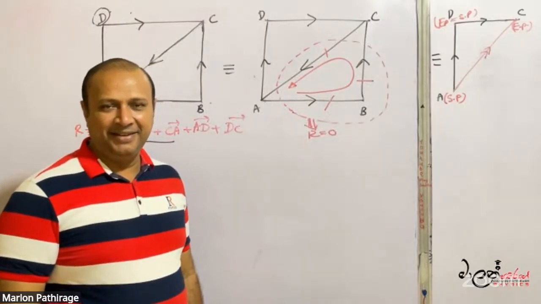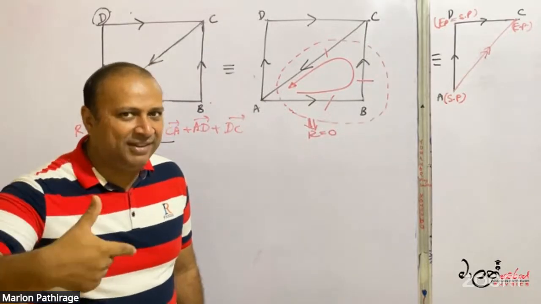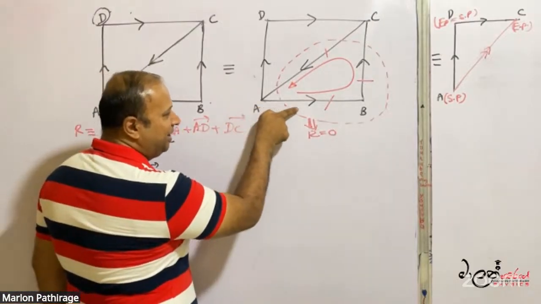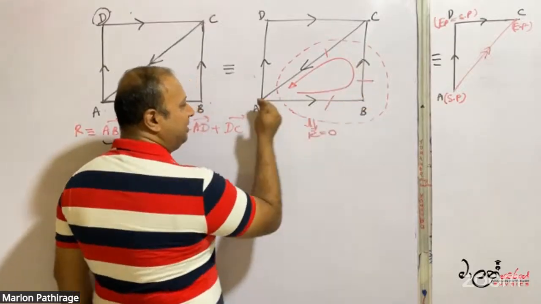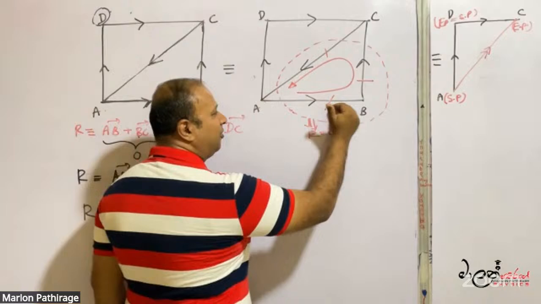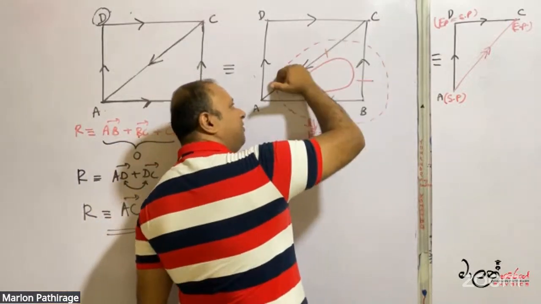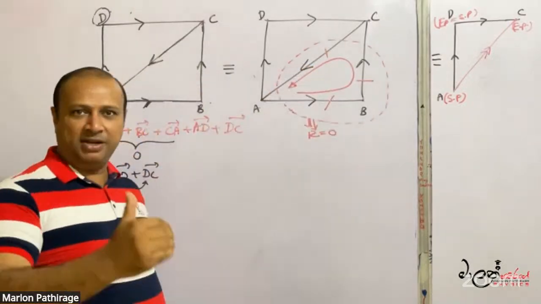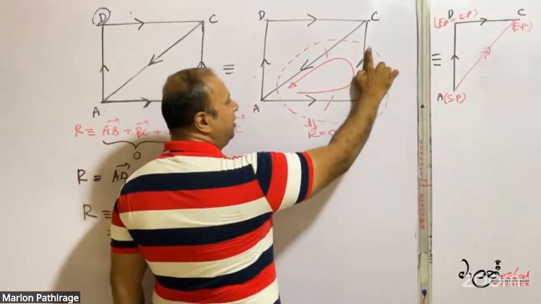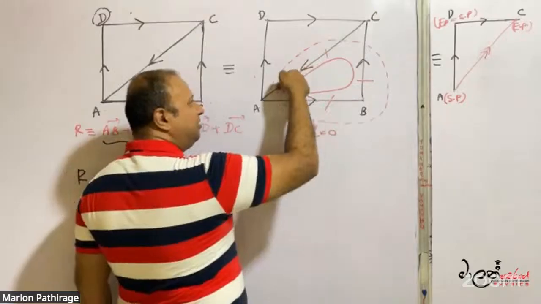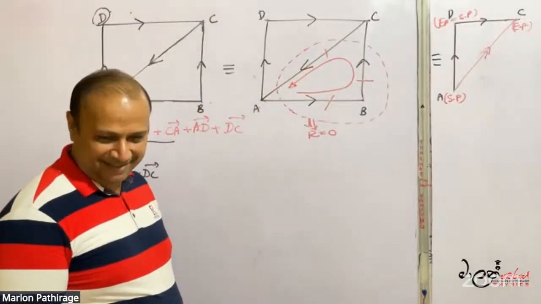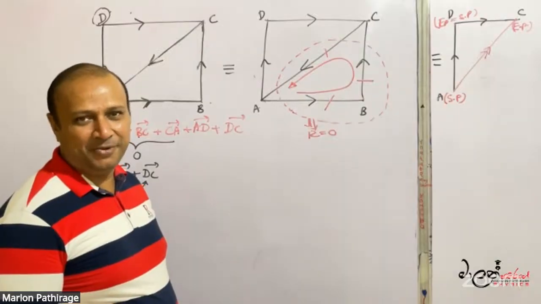And simply we can understand whether they can be added or not. If they are going in the same direction, the anti-clockwise direction, and you can move your finger without any obstruction, then they are in the same way.